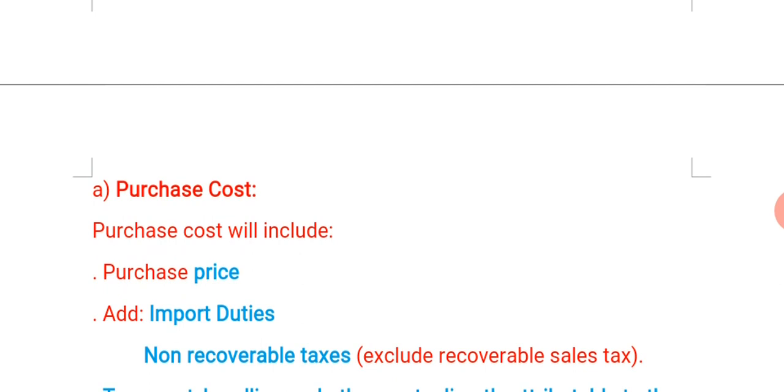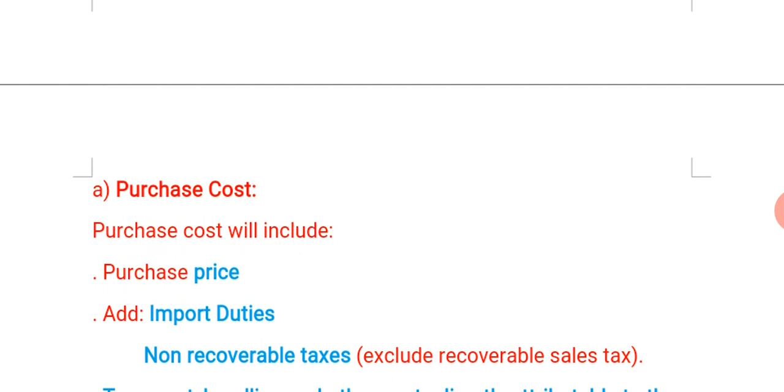Then your import duty. Now this category is paid to the government. It's compulsory, and it is paid to the government here. Import duties and non-recoverable taxes. So that tax I paid on the shirt, if it's non-recoverable, I should add it to the cost of the inventories that I would use to record in my books.